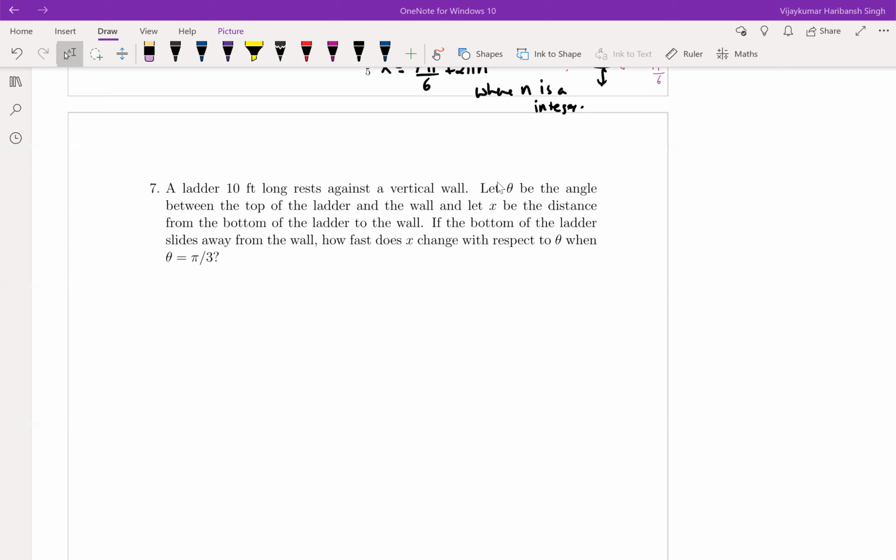So first of all, let's draw this scenario. All right. So what is happening? We have a 10 feet ladder.